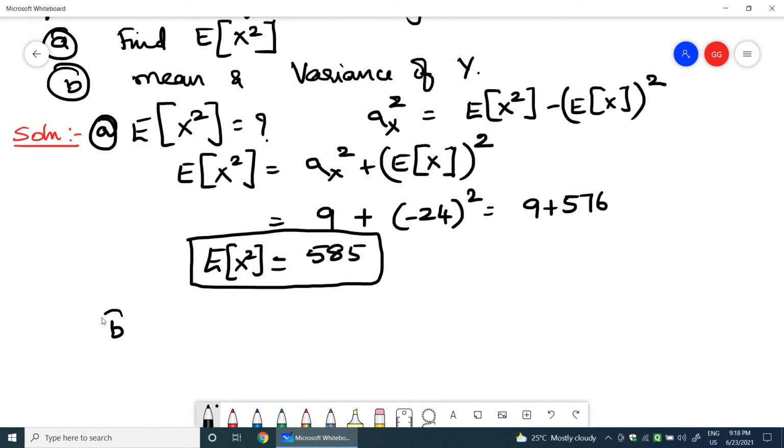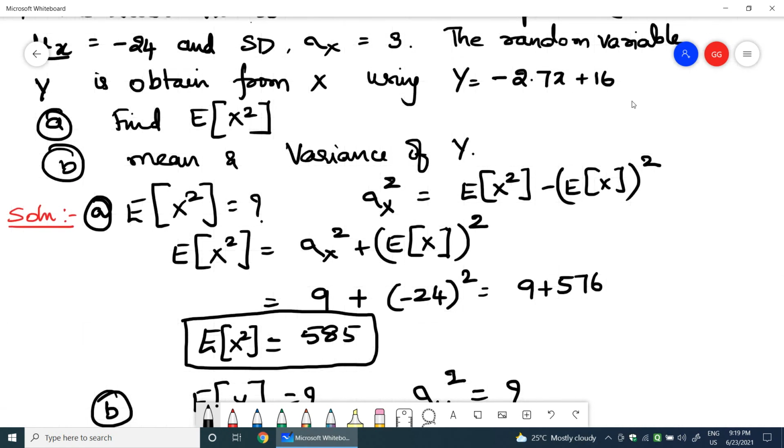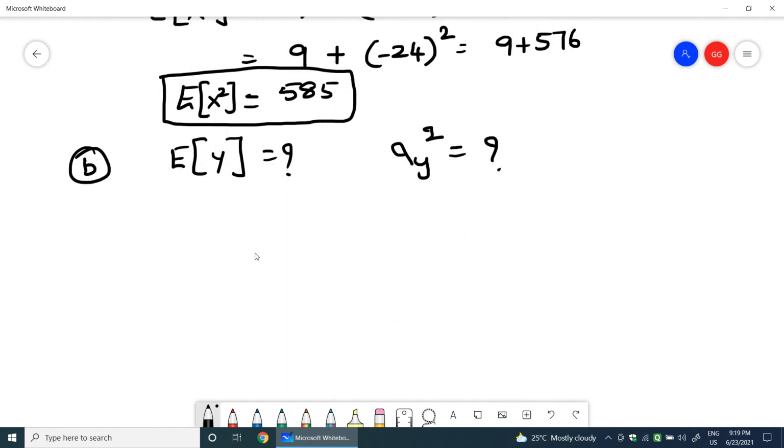Now coming to solution B, we need to find the mean and variance of y. So you need to find E of y and sigma y square. What y is, is given in the question already, as a function of x: y equals minus 2.7x plus 16.